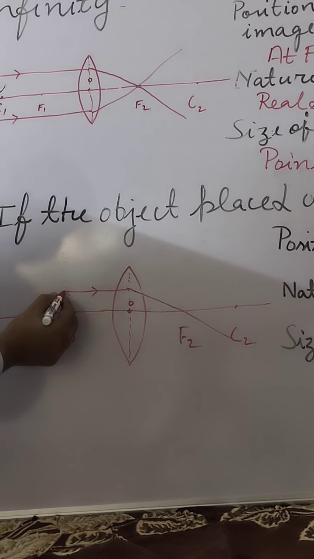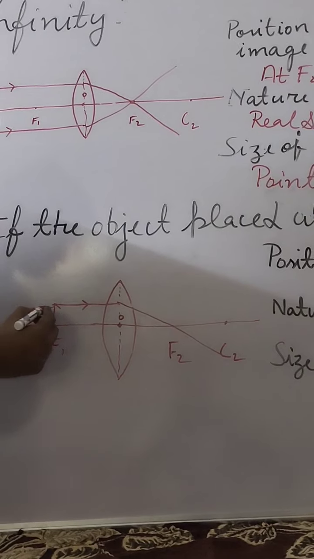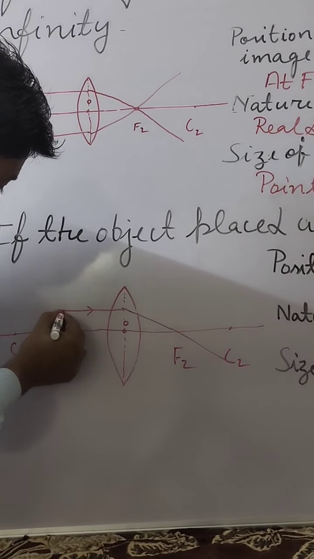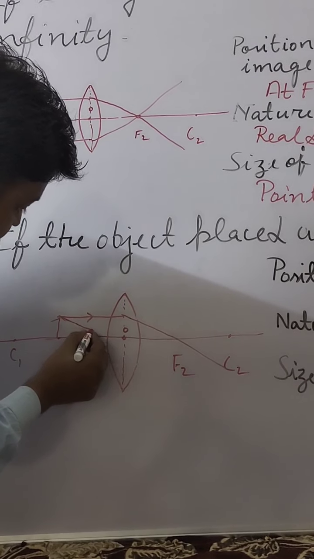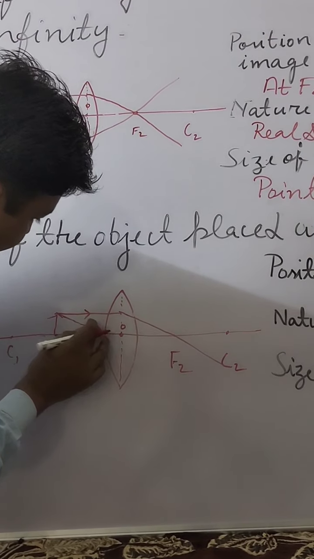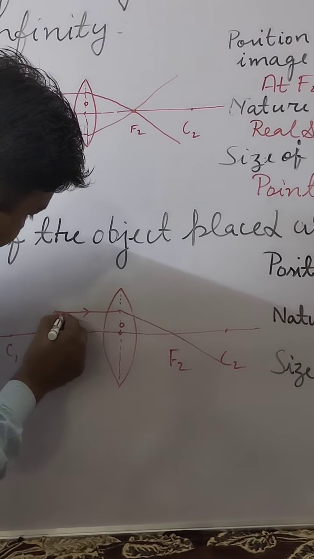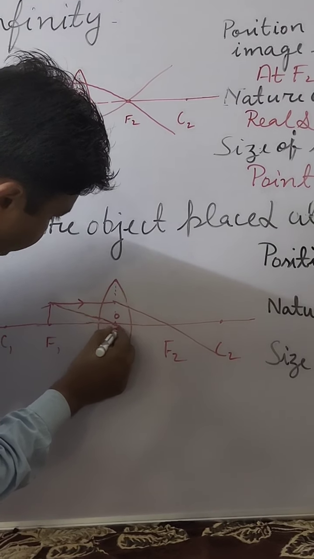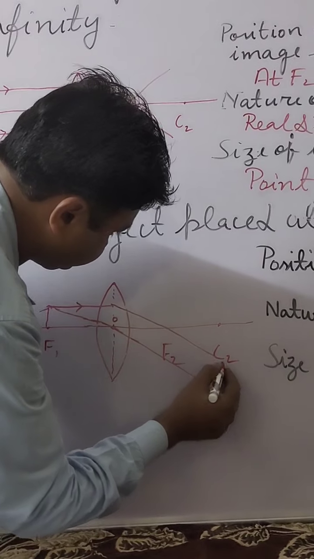Here also you will draw one line, a ray that will move undeviated through the optical center, like this.